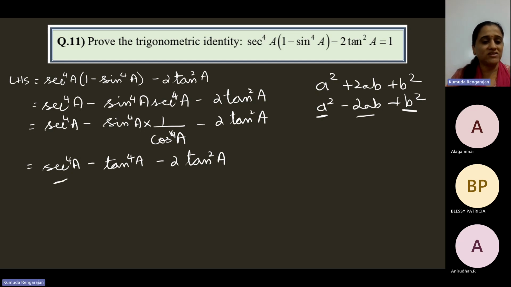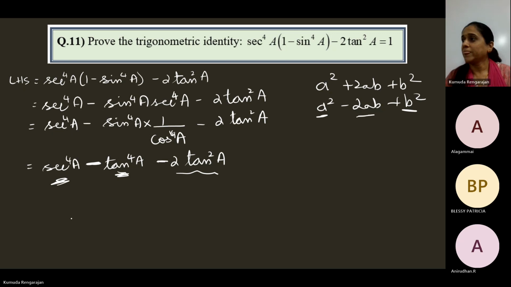But here, if you look at this as a square and this one as b square, it's negative, no? Supposing you look at this as a square and this one as b square, no, but it's minus b square. So it cannot be a square, b square, 2ab. Because, okay, if you look at this as minus 2ab, it should be plus b square. No, it's minus here. The middle term can be positive or negative.